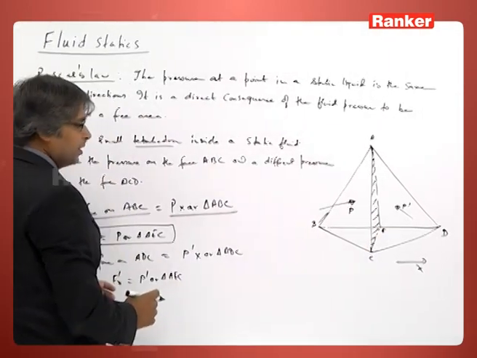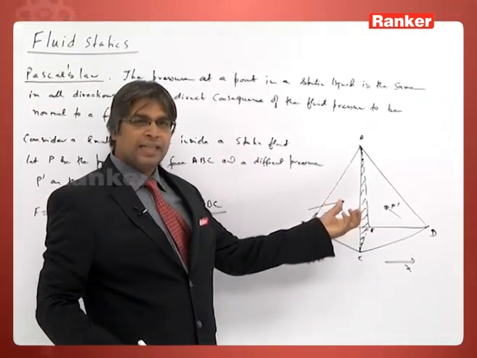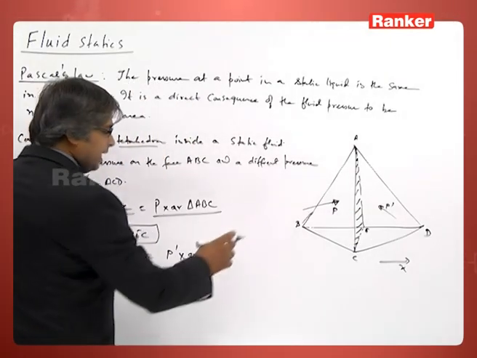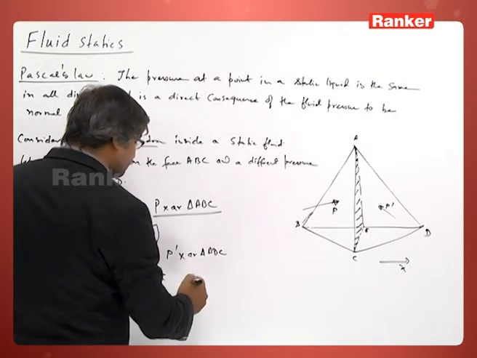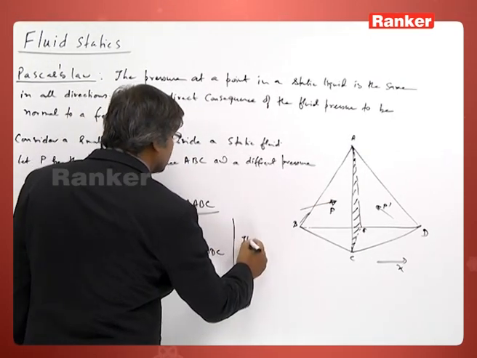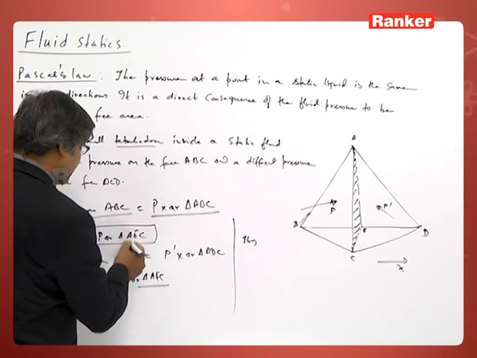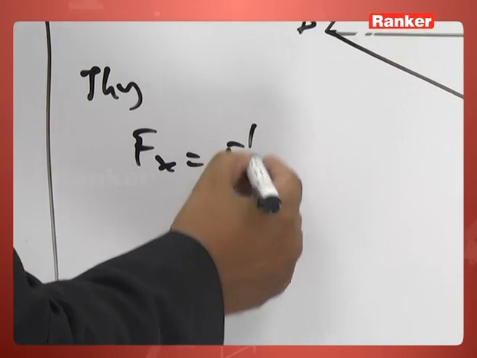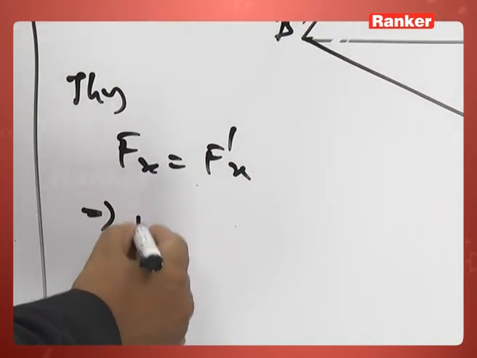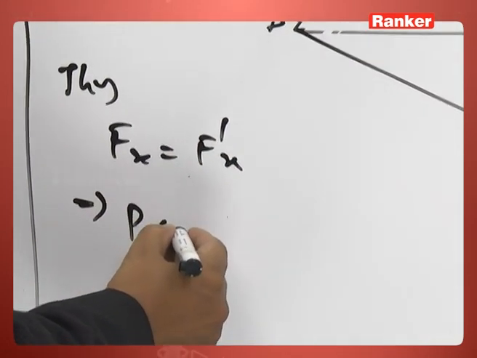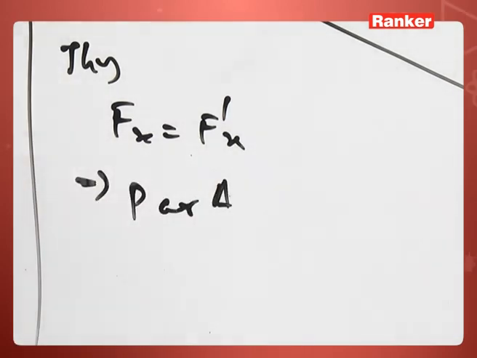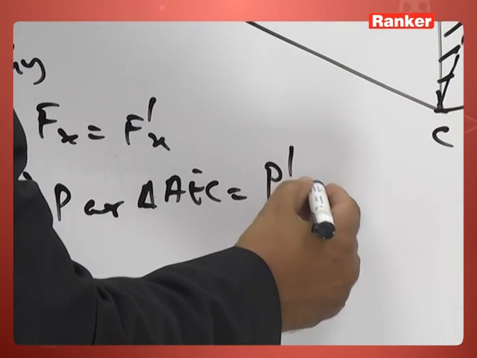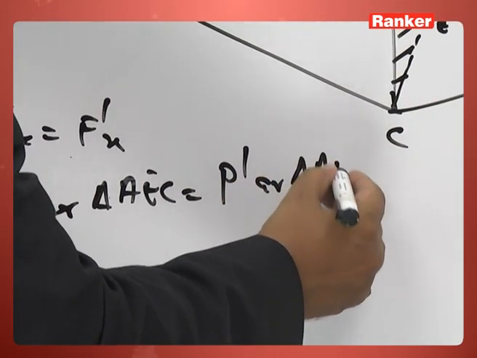Now you see, this tetrahedron is in the liquid, and there is no net force in this direction. So this area and this area are the same. Since Fx is equal to F dash x, P into area of triangle AEC is equal to P dash into area of triangle AEC.